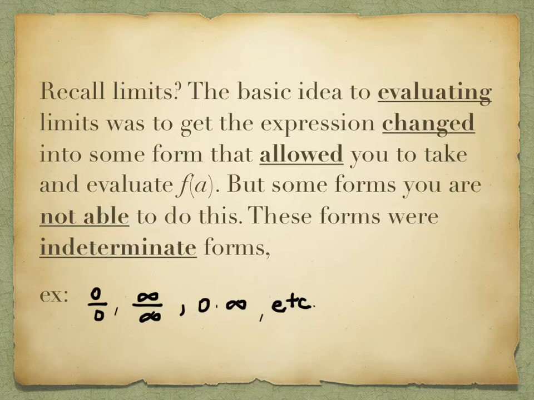However, there are some forms, when you did this back in Calc 1, that you were not able to find a limit for. Those forms were called indeterminate, and indeterminate forms are the forms where you have 0 over 0, infinity over infinity, or 0 times infinity. Zeros and infinities, those are the issues. Combined in some way.